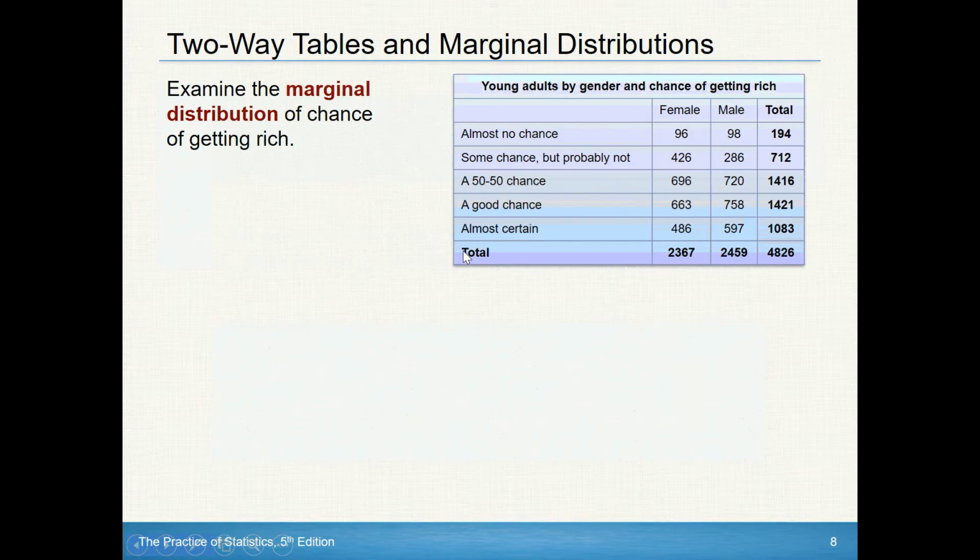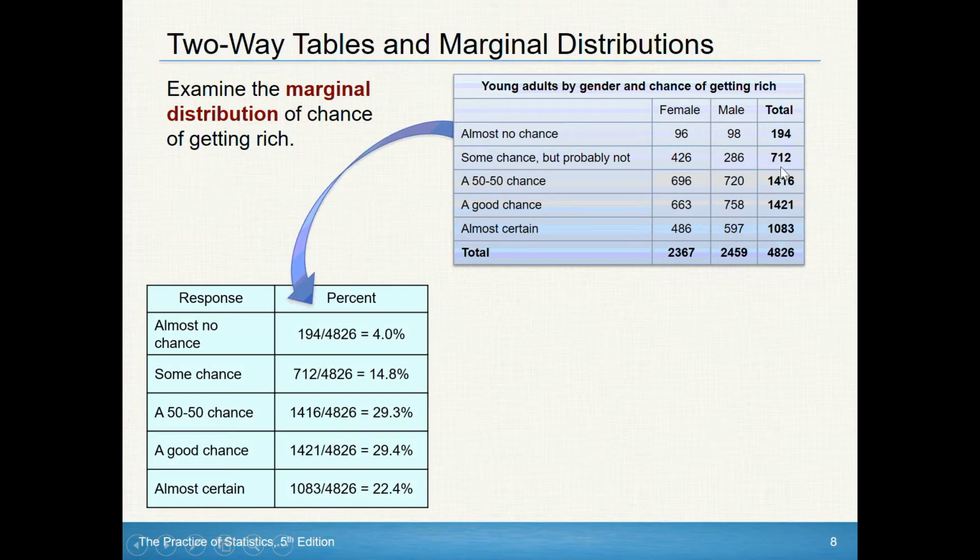So here's that same two-way table from before. And it says up here, examine the marginal distribution of chance of getting rich. So basically that means gender doesn't matter for this scenario. We're just going to take the totals of the individual rows, convert them to percentages first, and we see here 4% say almost no chance, 14.8% say some chance, etc., on down.